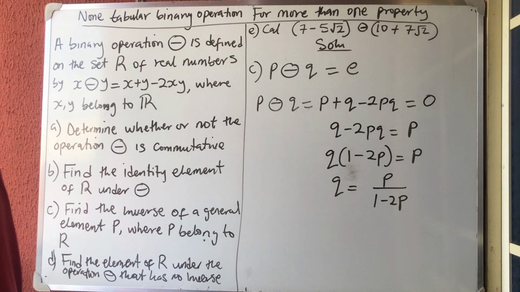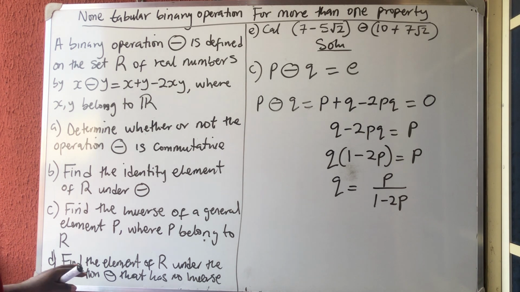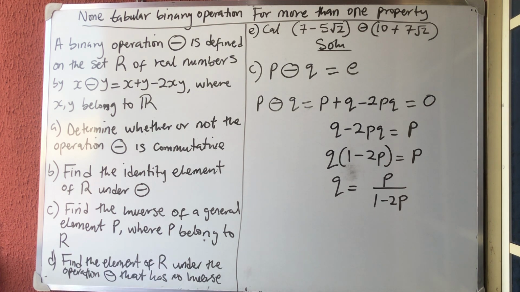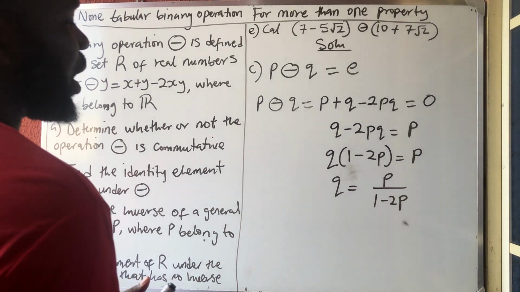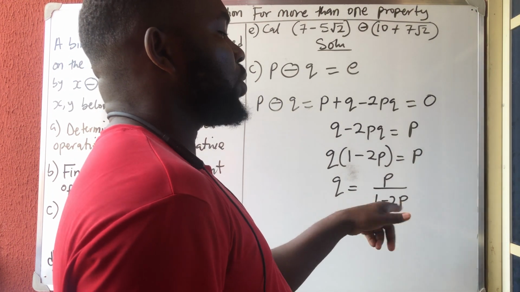Okay, so the next thing they say we should find is the element of R under this operation that has no inverse. For it to have no inverse, it means that the denominator will be 0, that the inverse is undefined.